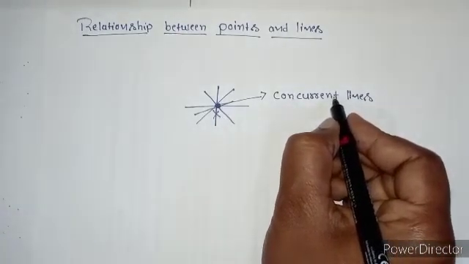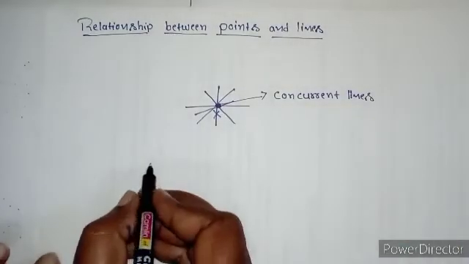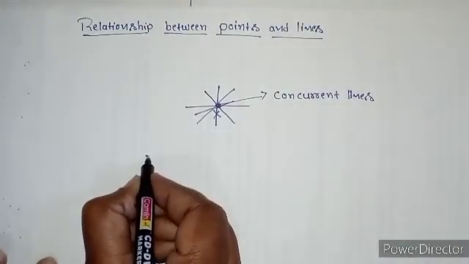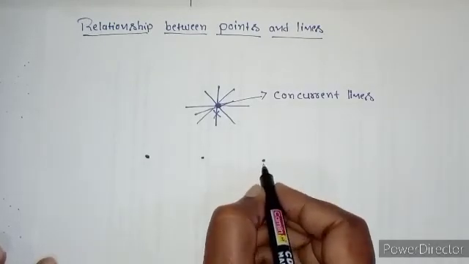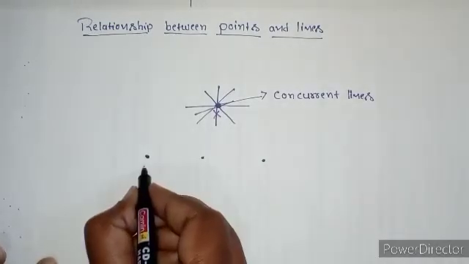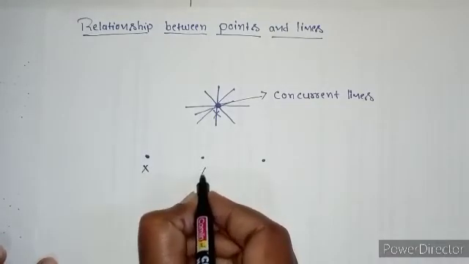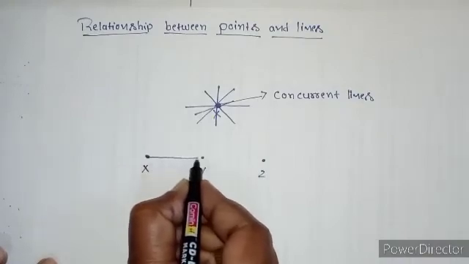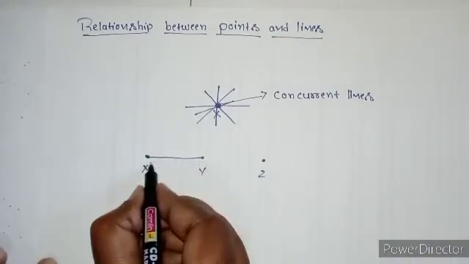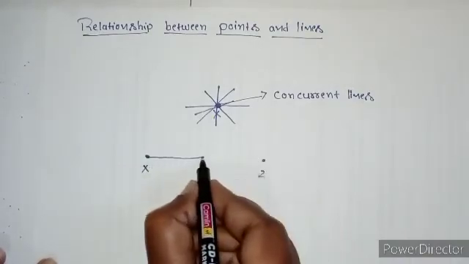Next, all of you see here, this is one point, and this is one point, and this is one point, right? I am going to give names to these points x, y, and z. Now I am going to join these points, x, y, and y, z.